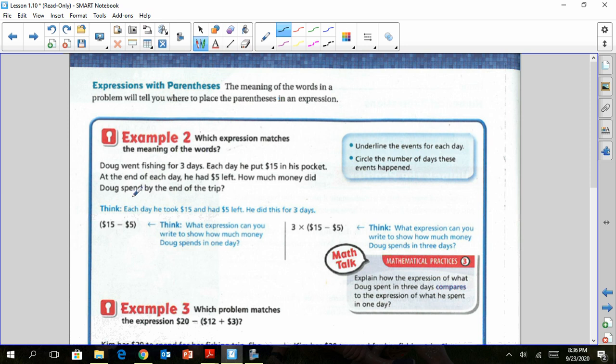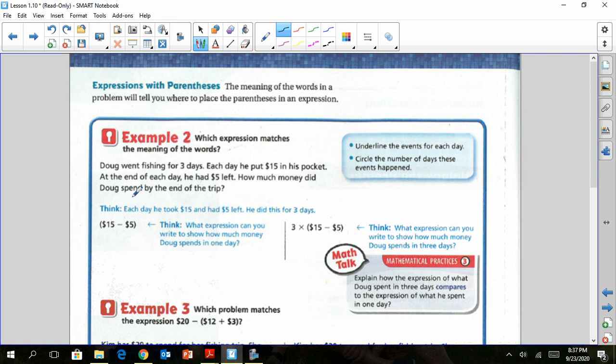So in this first problem, or example number 2 here on this page, Doug went fishing for 3 days. Each day he put $15 in his pocket. At the end of each day, he had $5 left. So he had spent some money, he had $5 left. How much money did Doug spend by the end of the trip? So every day he wakes up, he puts $15 in his pocket.